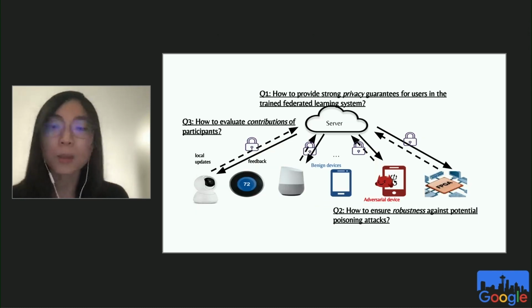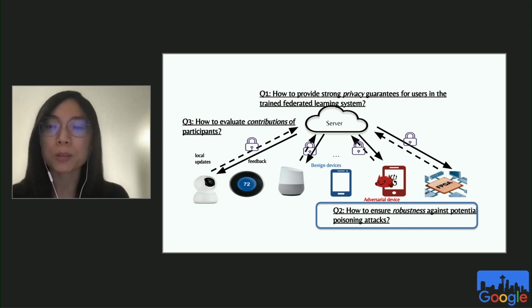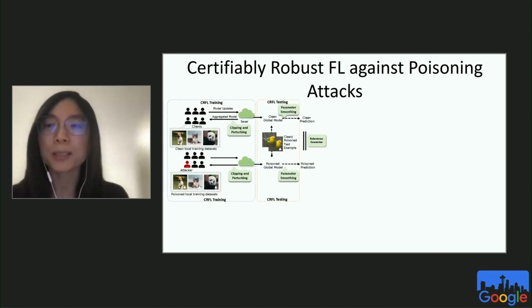Next, please. Based on this, the next question is, if we can solve the privacy concerns with generative models, how can we provide strong robustness guarantees against training-time attacks? Next, please. This work, led by my student Chulin Xie, provides the first certified robustness against poisoning attacks.